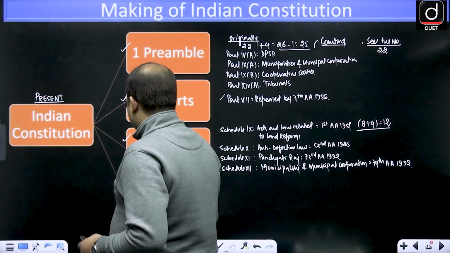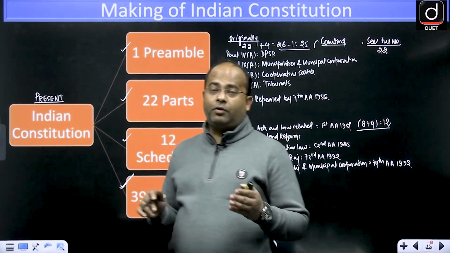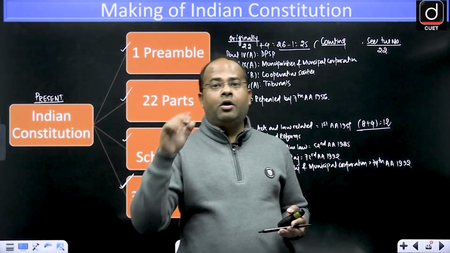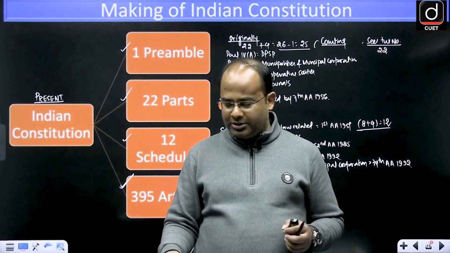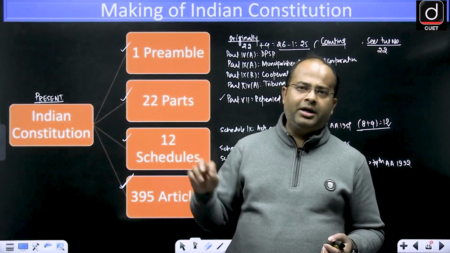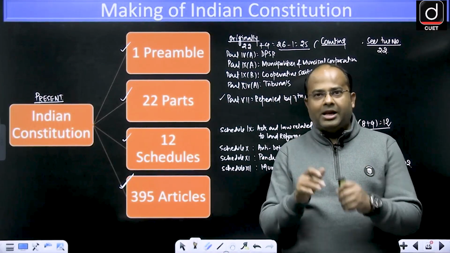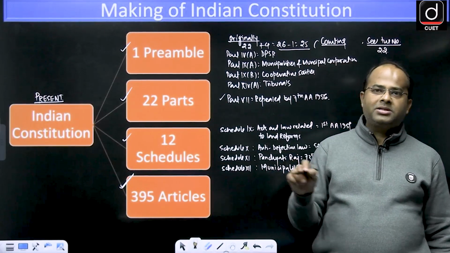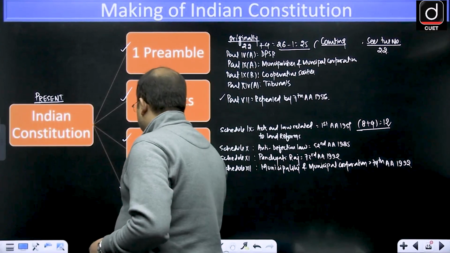Now if you go through the internet, guys, you will find somewhere it is written 448 articles, somewhere you will find 470 articles, but it is done through counting, because many provisions in the Indian Constitution are repealed as well. So if you see the last number of the article, you will find 395 is the last number.